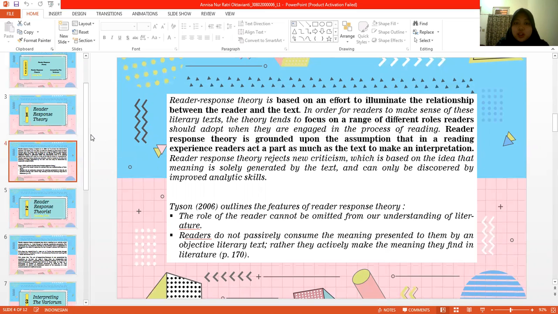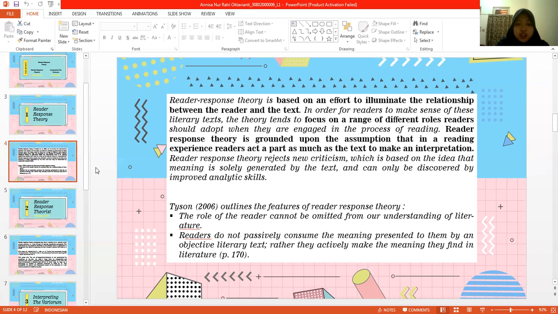Reader response theory is grounded upon the assumption that in a reading experience, readers act a part as much as the text to make an interpretation. Reader response theory rejects new criticism, which is based on the idea that meaning is solely generated by the text and can only be discovered by improved analytic skill.